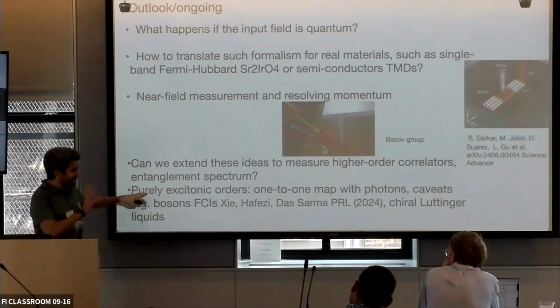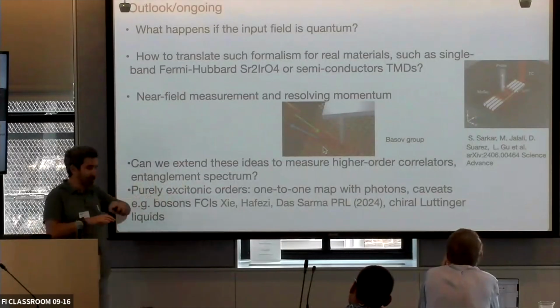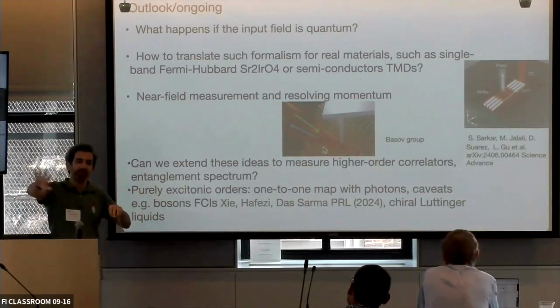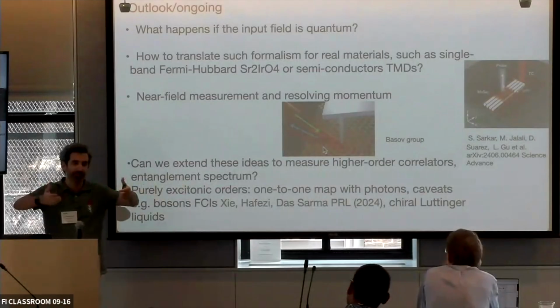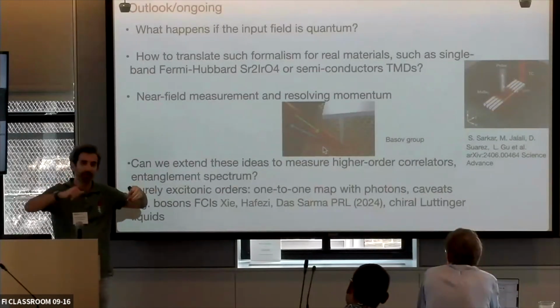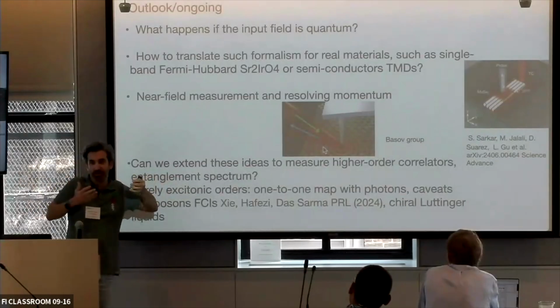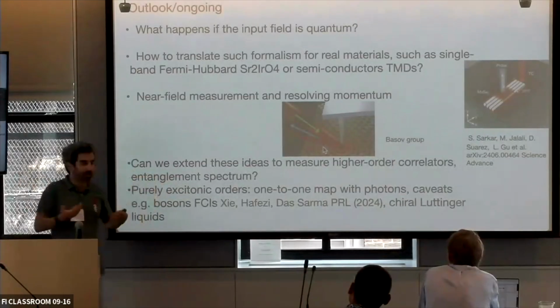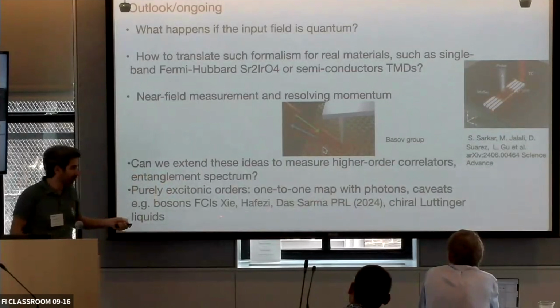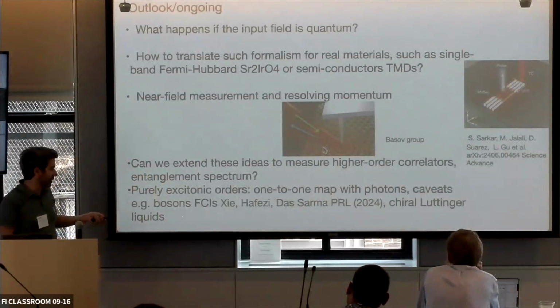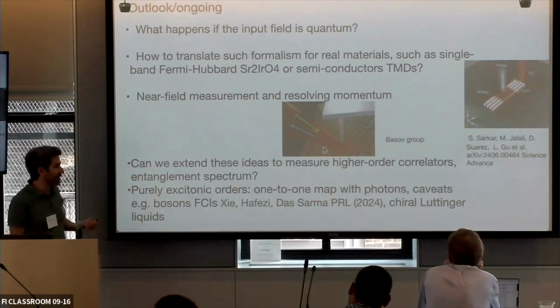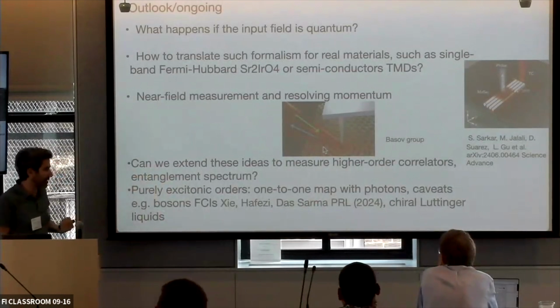Now, the relevant questions can be answered if I have a purely excitonic order. So my electrons are boring, but I've pumped a system with a bunch of excitons, similar to Anna's talk, and now these excitons are strongly interacting with each other. They form some interesting state, and I collect the emitted light in a smart way. Can I see something? In particular, we had some predictions that we can have a bosonic fractional Chern insulator in these TMDs.